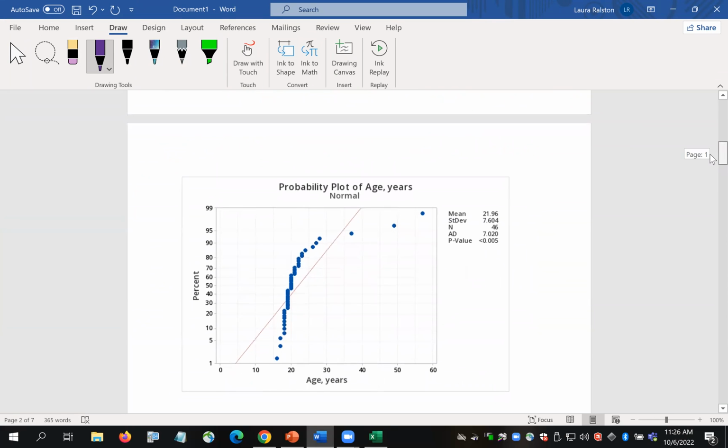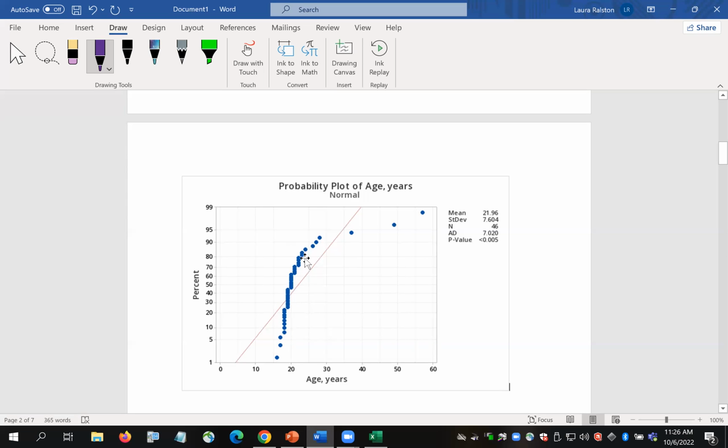Okay, it's called a probability plot of the ages of years, and it indicates that we're trying to determine if our data is normal. If it were normal, the way this particular graph is read, if you look at this red line, your data points, which are represented by the blue dots, would tend to be located close to that line.